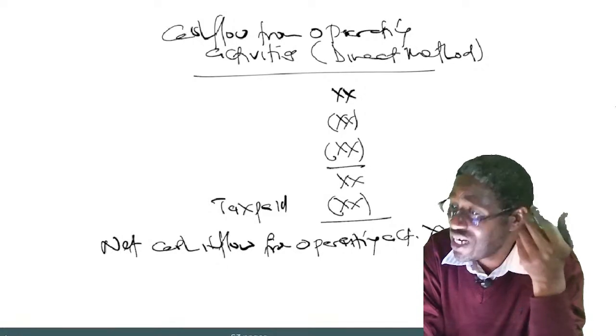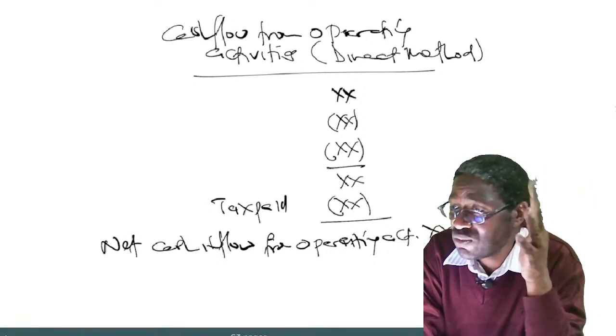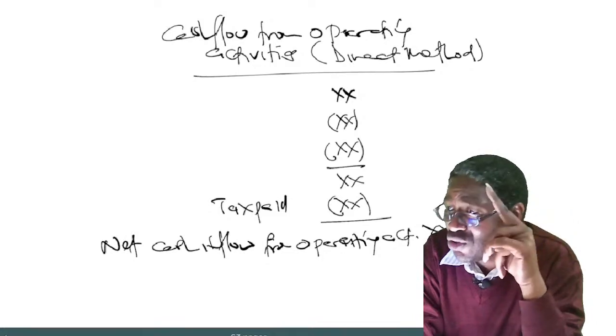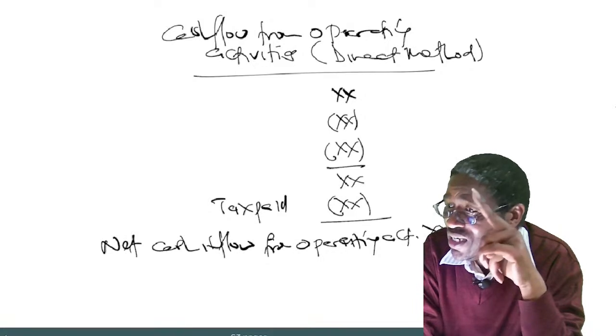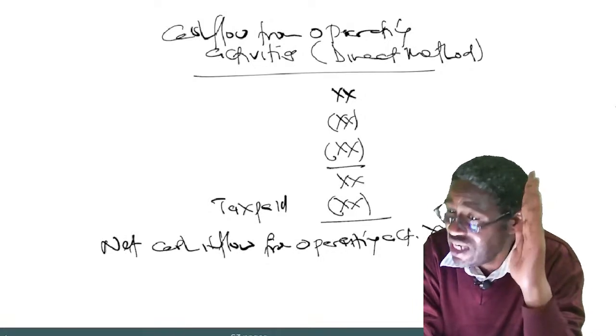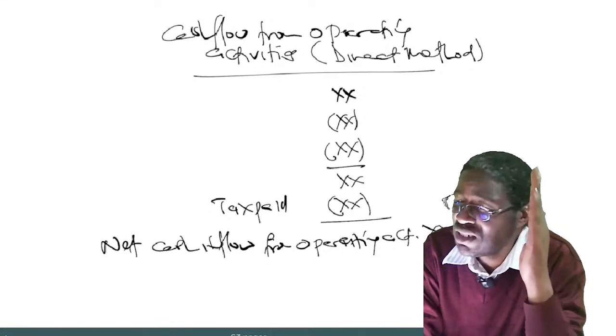Profit on disposal is a non-cash item. We are looking for cash. No, don't confuse. Felix, I've talked about non-cash items in the direct method.